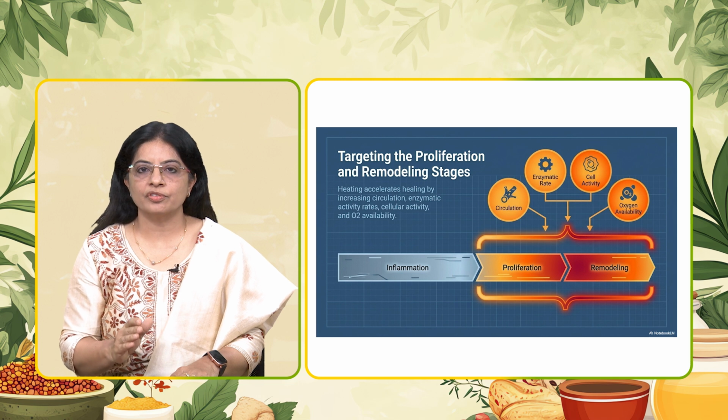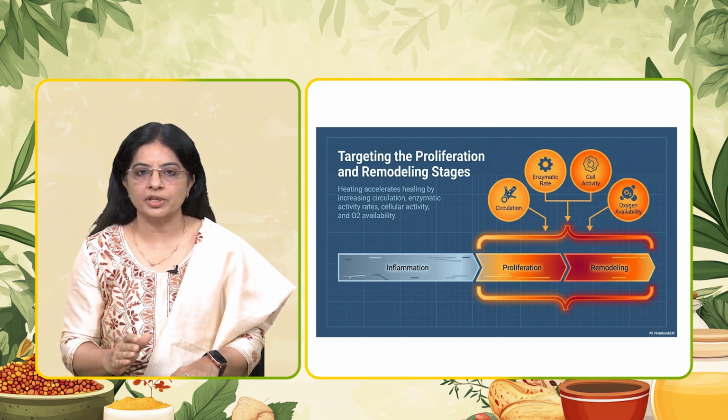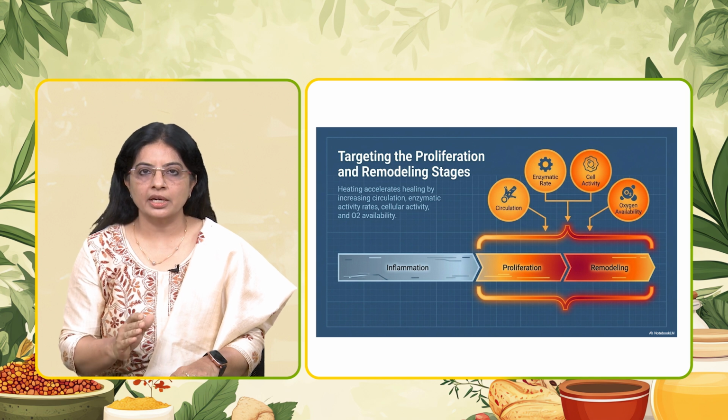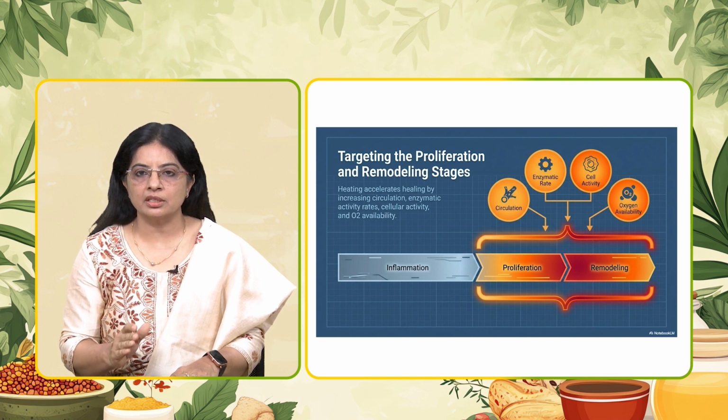Another important physiological effect of heat is acceleration or encouragement of healing. Heating can accelerate healing by increasing the circulation, enzymatic activity rate, cell activity and availability of oxygen to the tissue. It is particularly useful in the proliferative stage of healing.